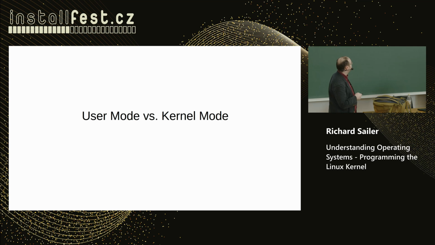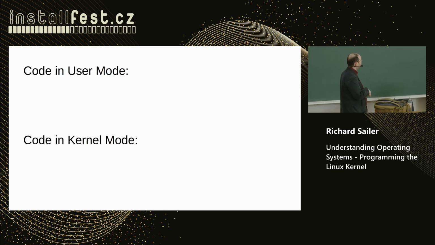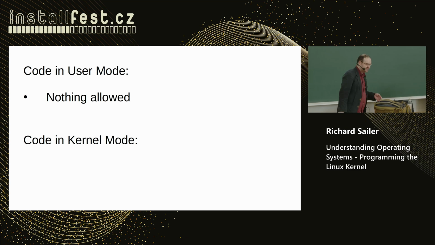So, user mode versus kernel mode. I have used them a few times, so I should explain them, I guess. Code in user mode cannot do much. When you remember that square diagram before, you can execute your CPU code and you can access memory, but you cannot allocate memory. If you want more, you have to ask the kernel.